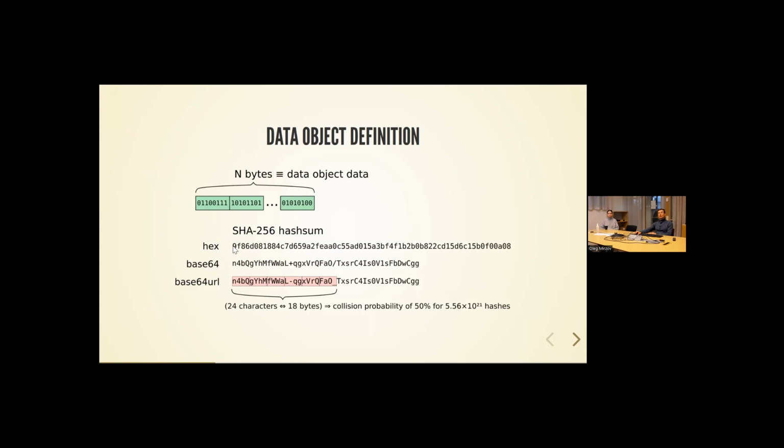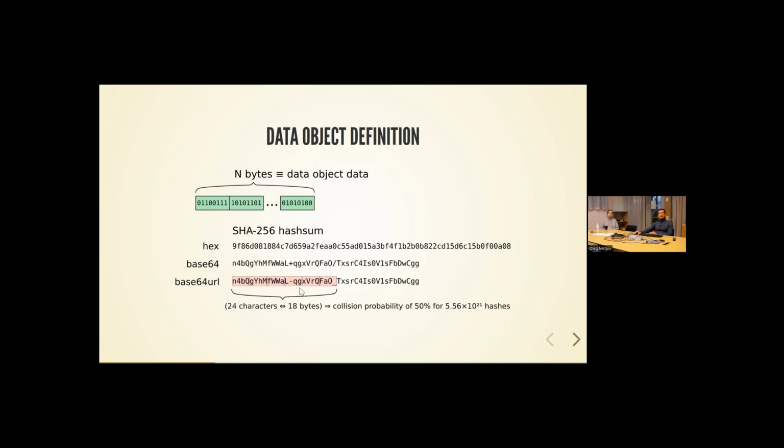Like this is a hex. It's just 32 bytes, or you can encode them in hex or base64, or there is this other encoding called base64 URL, where you replace non-URL friendly characters plus and slash with minus and underscore.